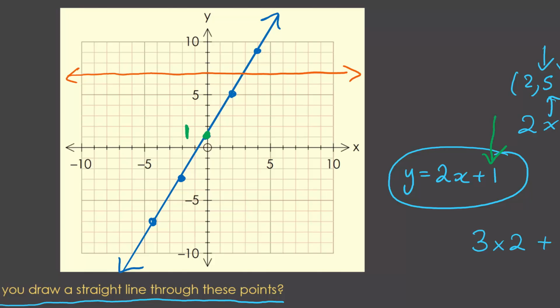And that's this part of this equation, which is called the y-intercept. If you go across 1 square, or 1 unit, you go up 2 units. And that's this 2 here, which is something called the gradient or slope of the line. So just something that you need to be aware of for future work.